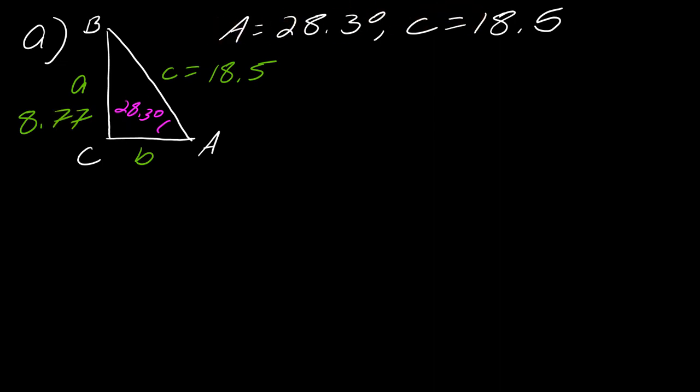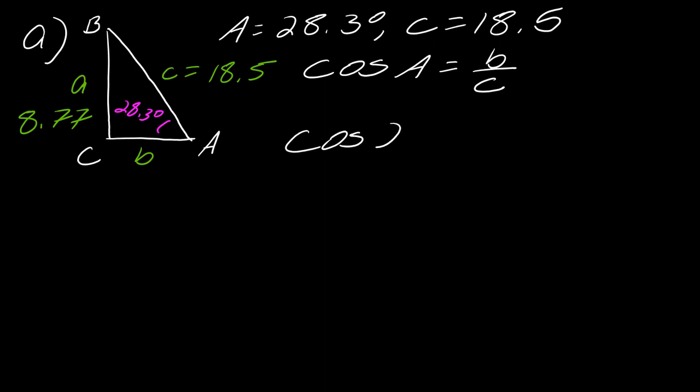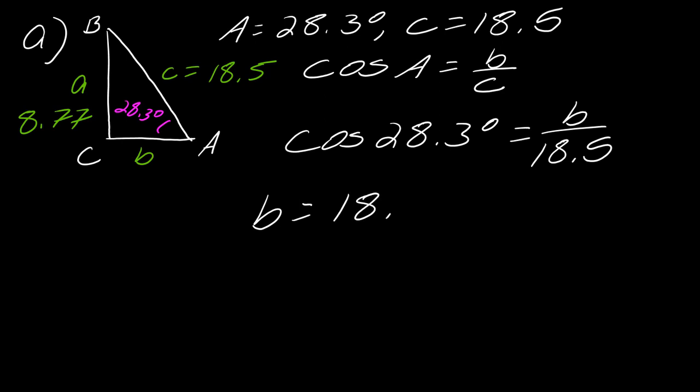So the other way that I could find b would be to take cosine of A, which I know is going to be b over c, and this allows me to leverage my given information. So that's really the best practice here. So I'm going to take cosine of 28.3 degrees, and this is going to equal b over 18.5. So my b is equal to 18.5 times cosine of 28.3 degrees.